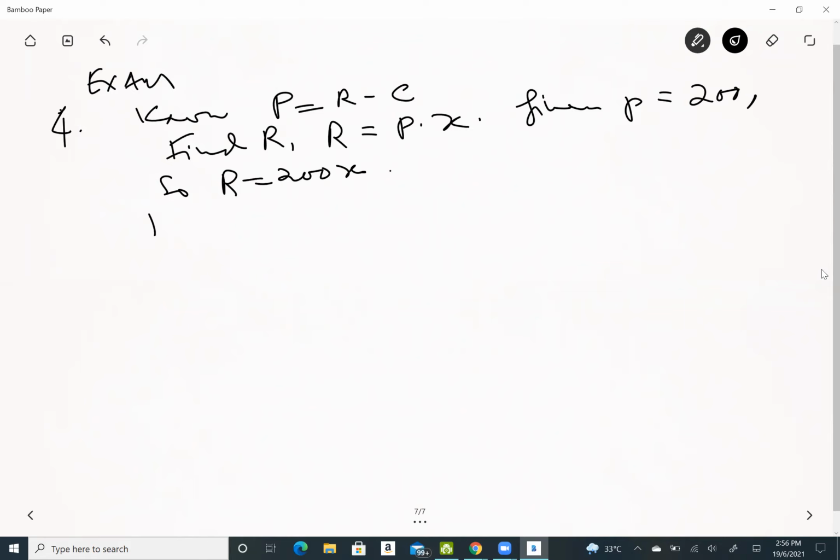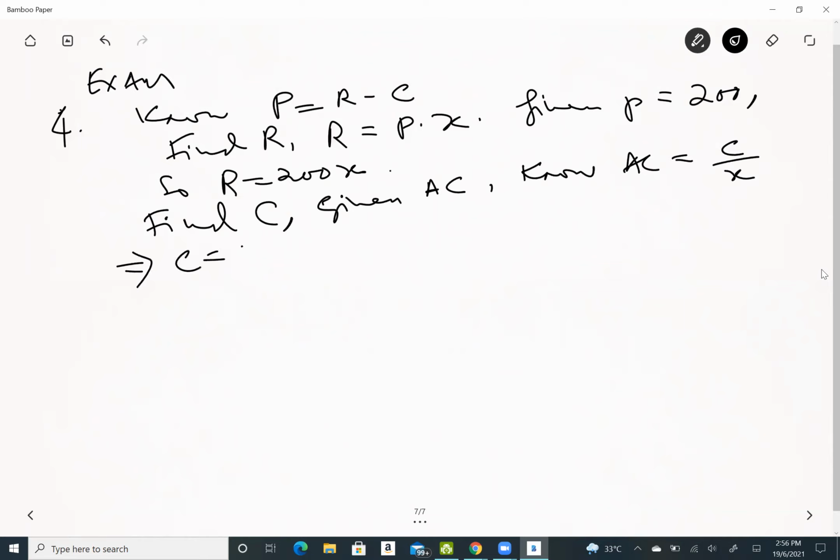And then secondly, I want to find cost. And you are given the average cost, okay? Given average cost, so how do you get cost? I know average cost is equal to cost over X. So then cost is equal to average cost multiplied by X. There are many people who couldn't do this, who couldn't get cost from average cost.